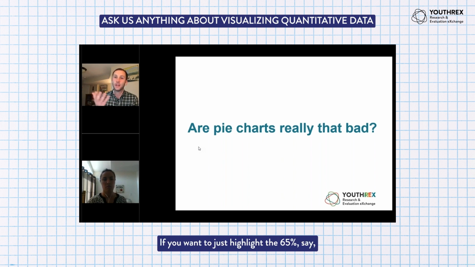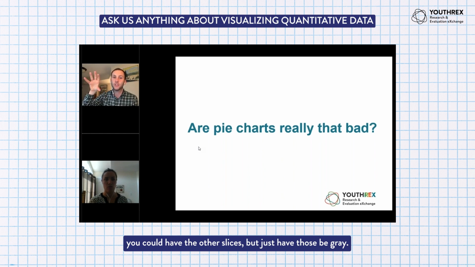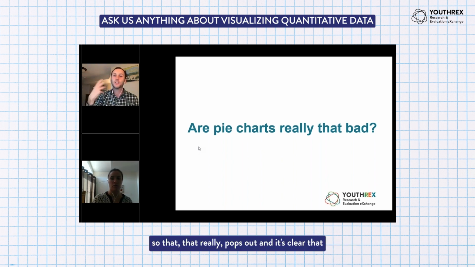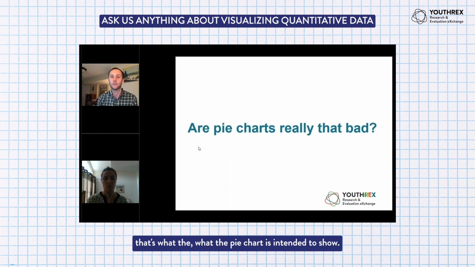If you want to just highlight the 65%, say, you could have the other slices, but just have those be gray, so they're really kind of minimized in importance, and have the main slice, the 65% of students who did whatever, have that be red or orange or blue or some color, so that really pops out and it's clear that that's what the pie chart is intended to show.